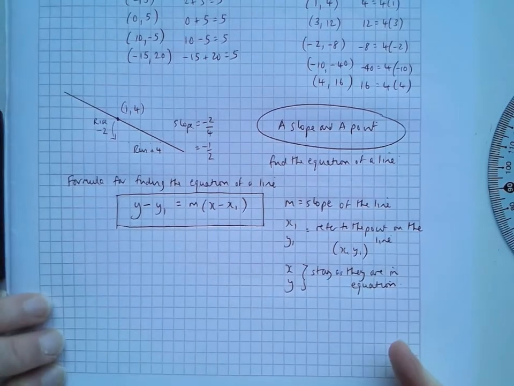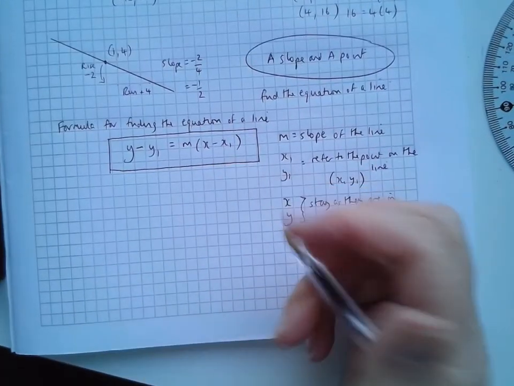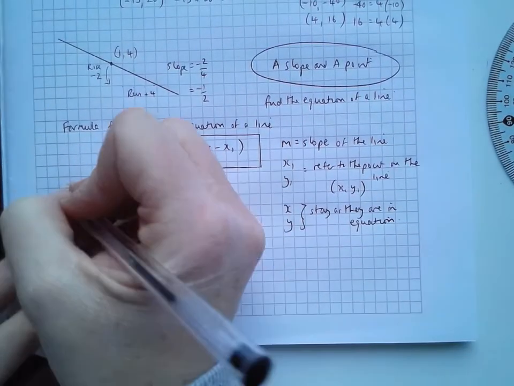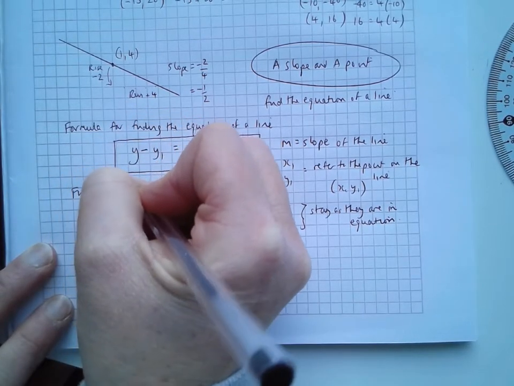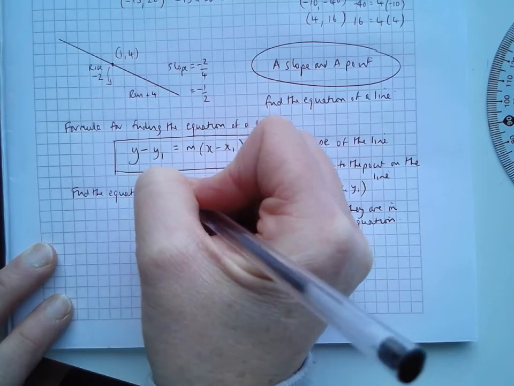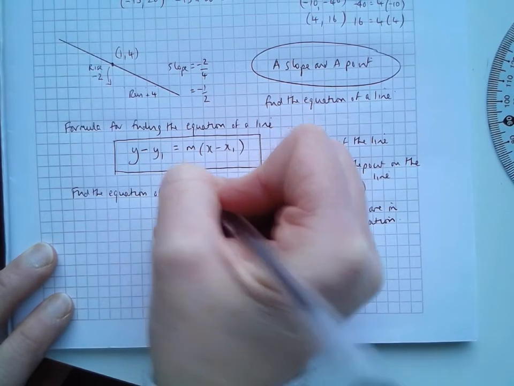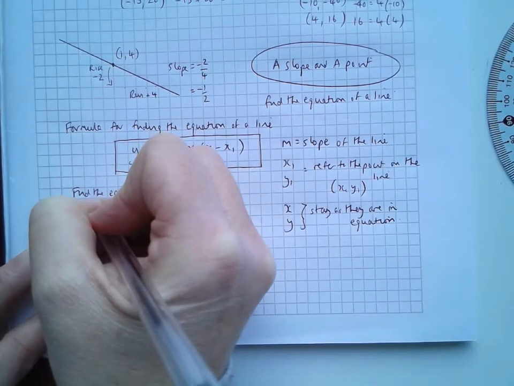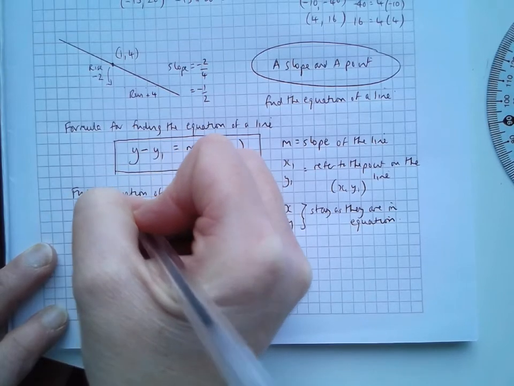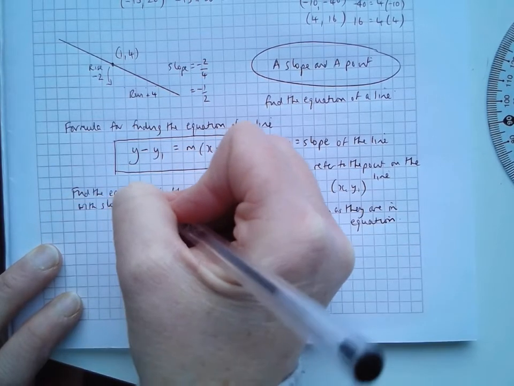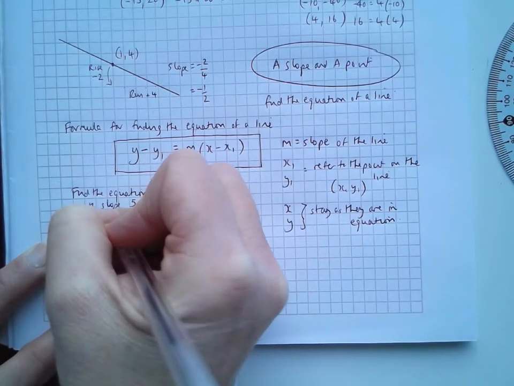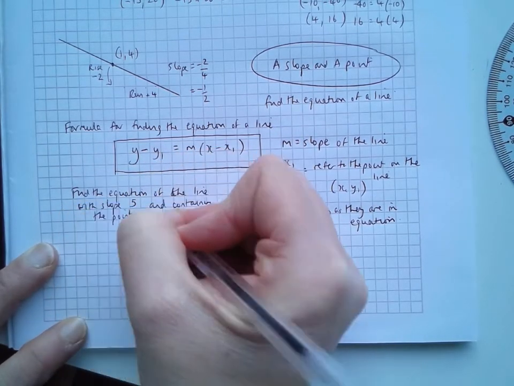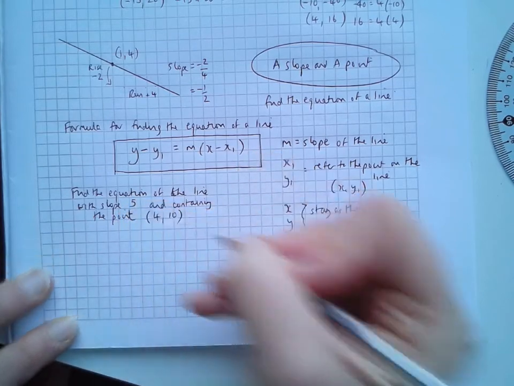Okay, let's take an example. We won't do the one with the fraction just yet because it's harder. Let's say the question was: find the equation of the line with slope 5 and containing the point (4, 10).